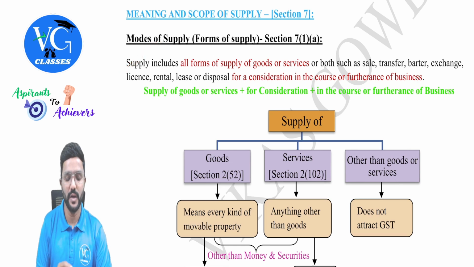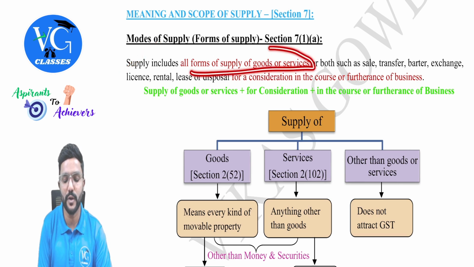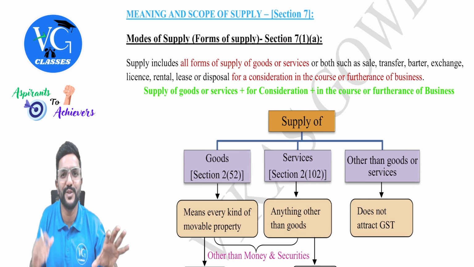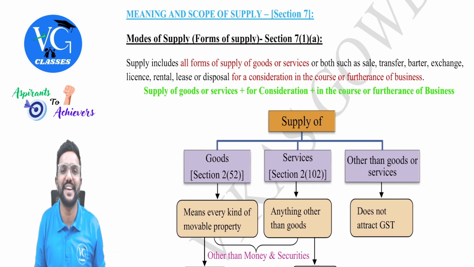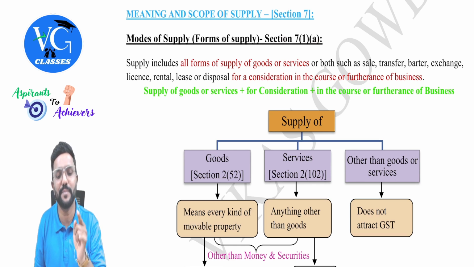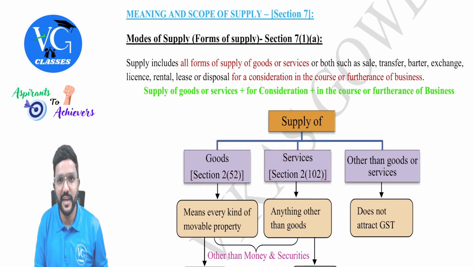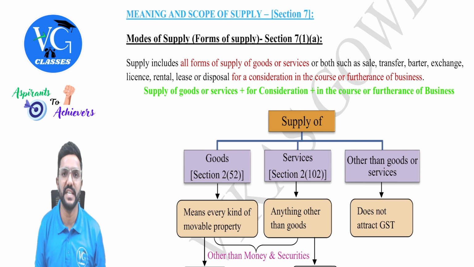Supply includes all forms of supply of goods or services. So that means we need to understand what is goods, what is services. If something is not goods or services, then it is not at all covered under GST, because GST is applicable only on the supply of goods or services. So if there is anything which is not goods and not services, it will not attract GST, guys.